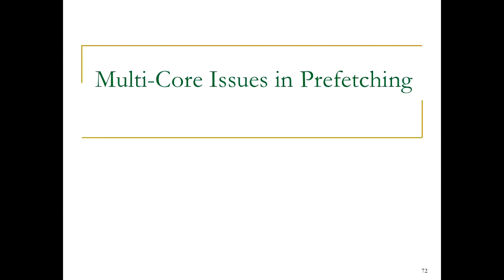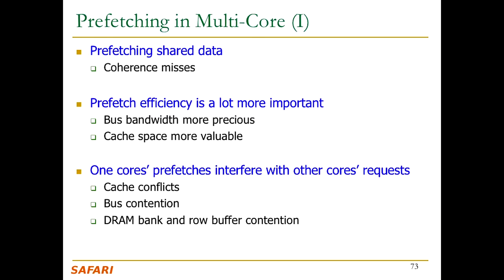Now that we've covered the broad space of prefetching, let's look into more efficient prefetching in multi-core. Prefetching in multi-core has similar issues to caching in multi-core. You have shared data. How do you prefetch for coherence misses? We've covered some of this earlier: prefetching private data versus shared data. There are a lot of issues here.